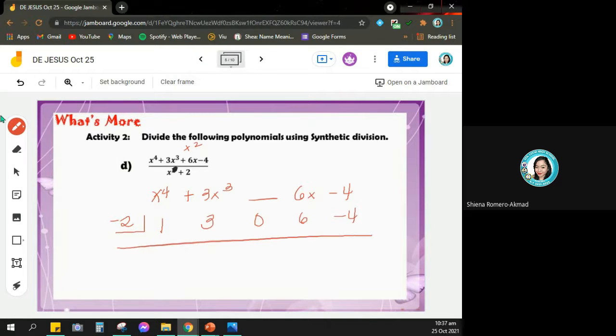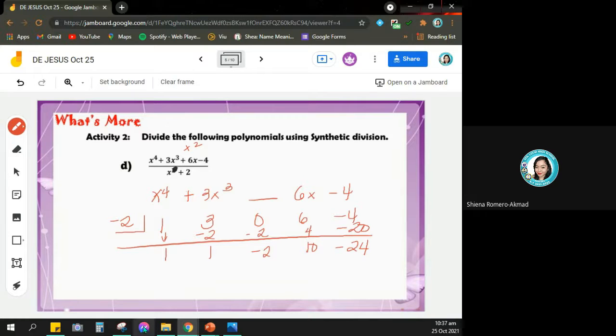Bring down 1. 1 times negative 2 is negative 2. So this is 1 times negative 2 is negative 2 also. We have here negative 2. Negative 2 times negative 2 is positive 4. Right? And this is 10. 10 times negative 2 is negative 20. Okay? So negative 20 plus negative 4 is negative 24.